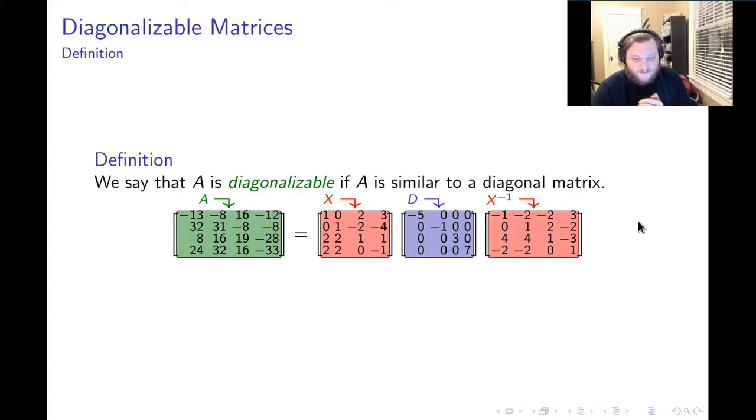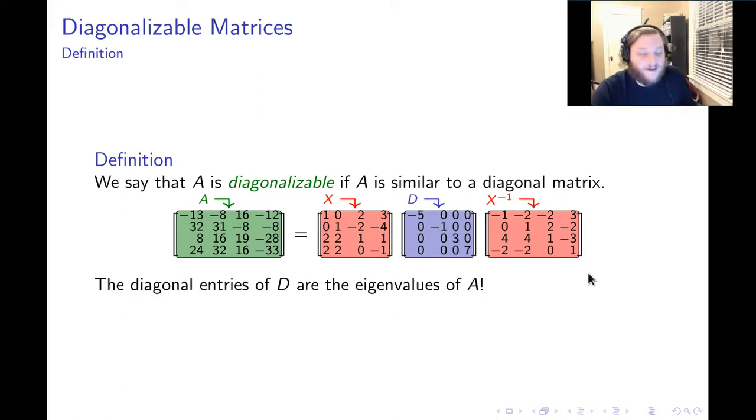Now remember, when a matrix is similar to another matrix, those two matrices share a lot of properties. And in particular, they have eigenvalues in common. Well, what are the eigenvalues of a diagonal matrix? The eigenvalues are exactly the diagonal entries. So that's one thing we can immediately infer here.